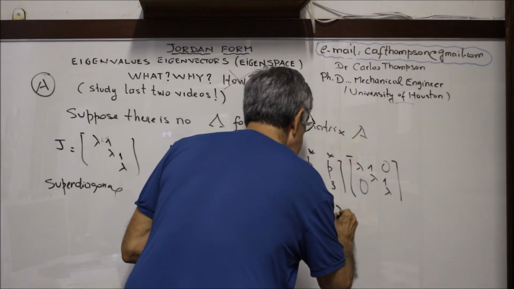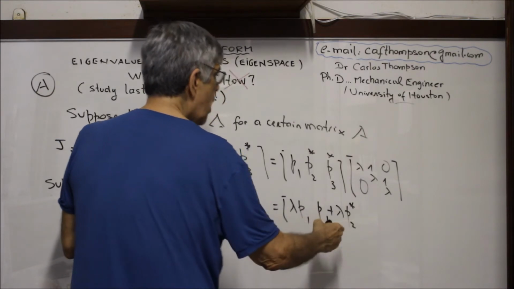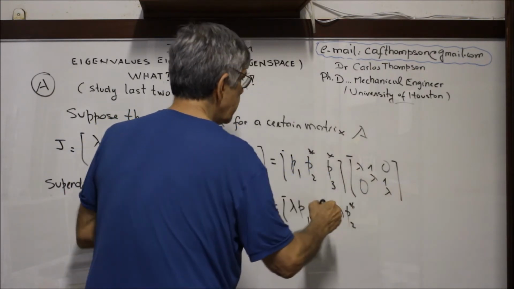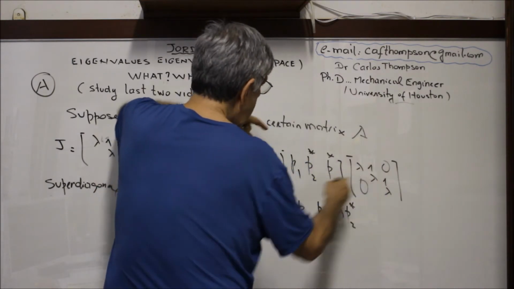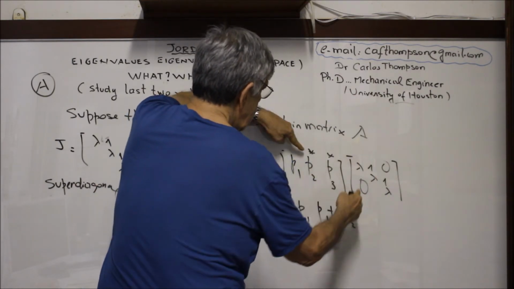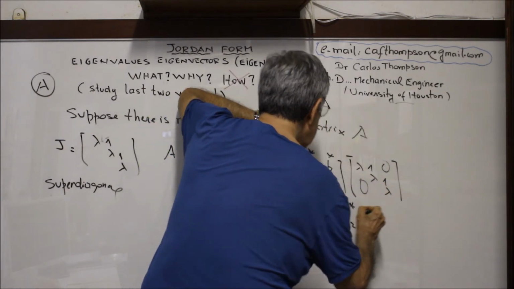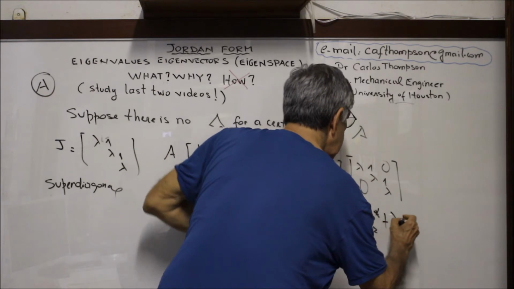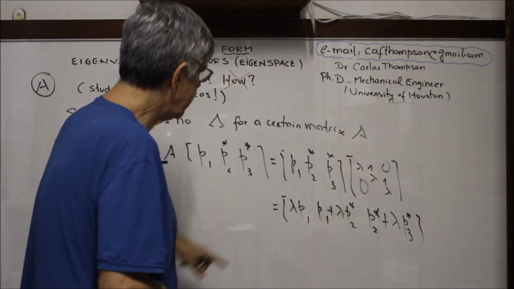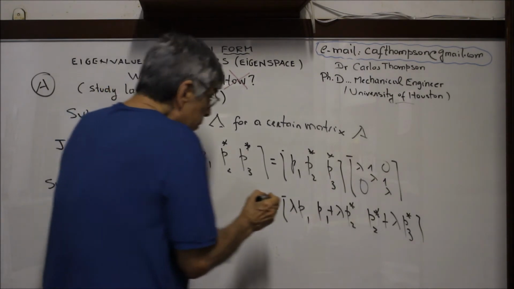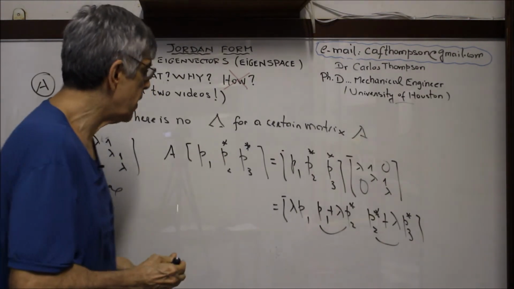P1 plus lambda P2 asterisk. Now, the third column: this row times this column will be 0 plus P2 asterisk plus lambda P3 asterisk. You see, something new is happening here when I put the 1 and 1 there.